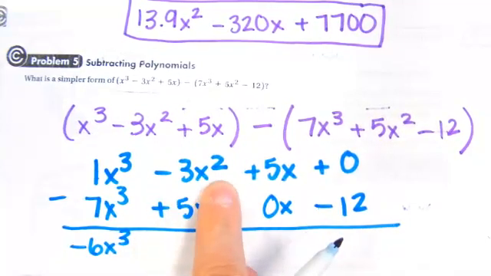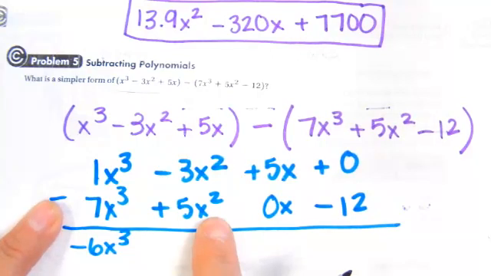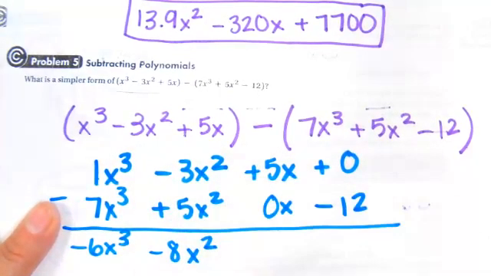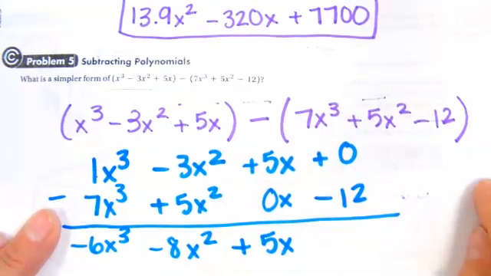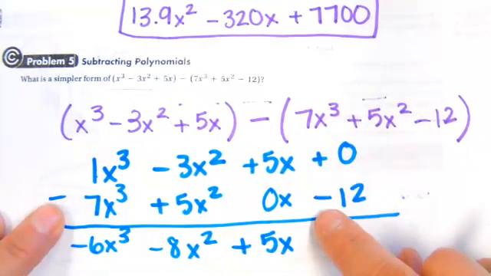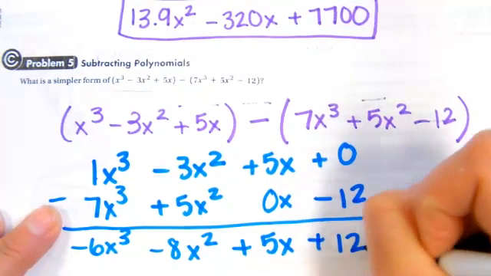Negative 3x to the second power minus 5x to the second power is negative 8x to the second power. And here's 5x minus 0x is still positive 5x. Here's where it matters. 0 minus negative 12 is positive 12.